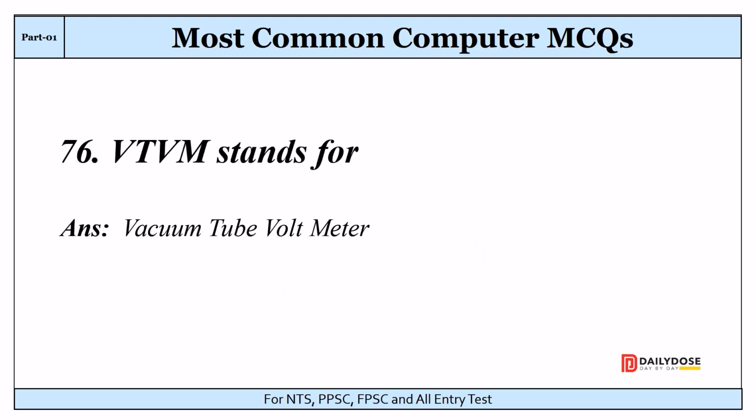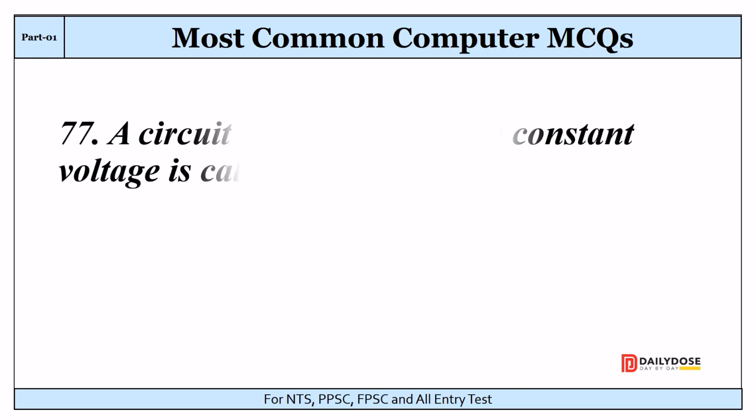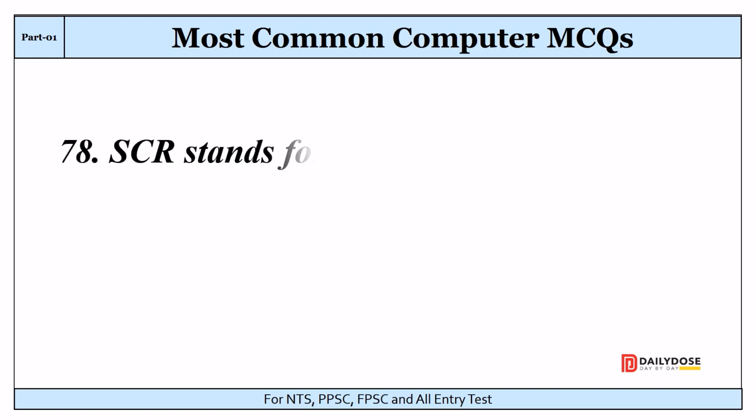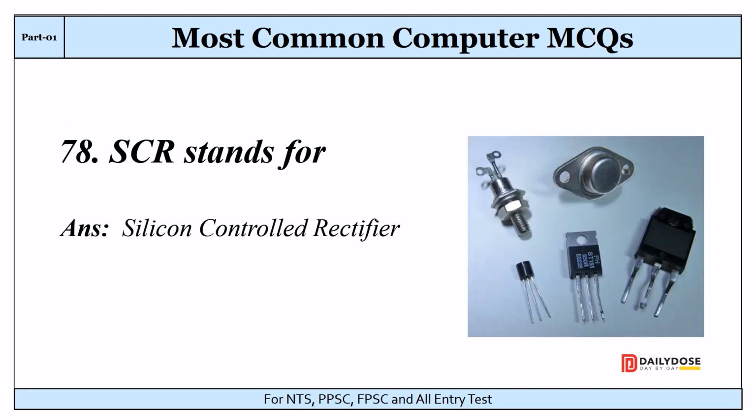VTVM stands for vacuum tube voltmeter. A circuit which maintains a constant voltage is called a voltage stabilizer. SCR stands for silicon controlled rectifier.